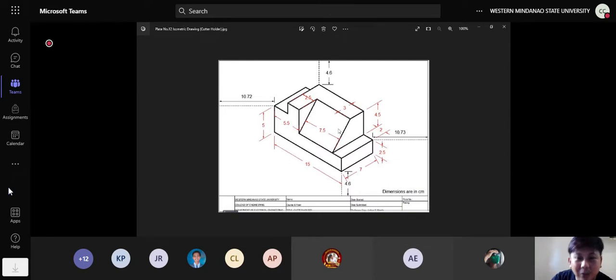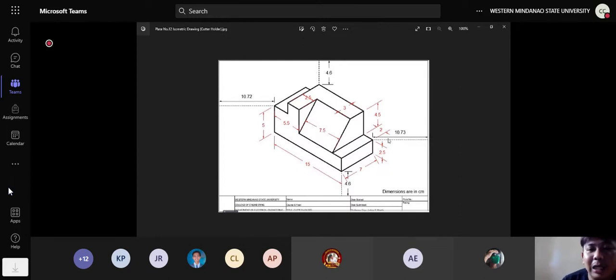So definitely, these two lines are not in parallel with our isometric axis. They are not isometric lines. So not all the lines in our isometric projection or drawings are isometric lines. Para at least alam lang natin.